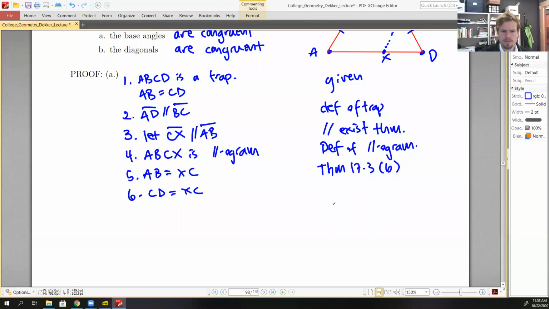This is by the transitive property of equality.